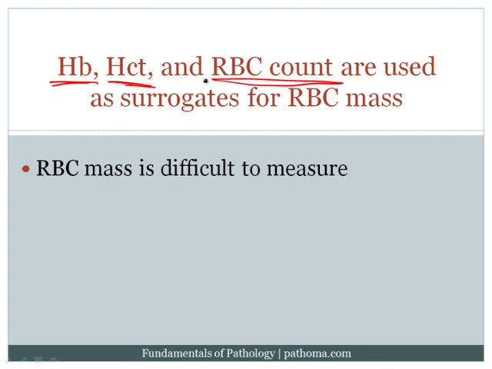And so again, another reason why these are just surrogates. But for our discussions, I think that the hemoglobin and hematocrit and the red blood cell count are relatively useful for determining red blood cell mass.